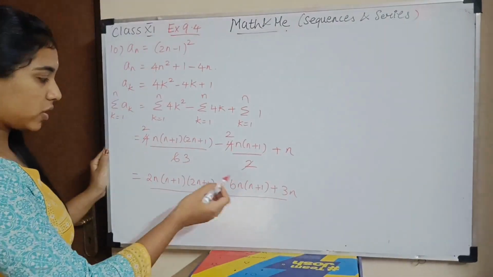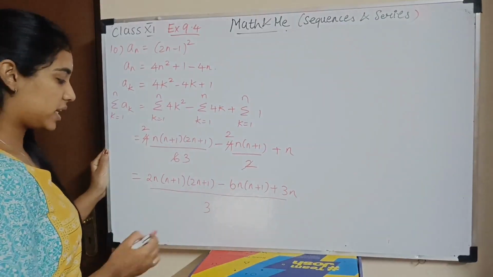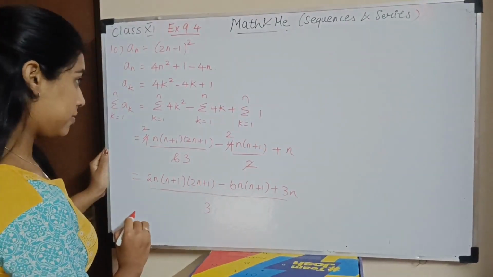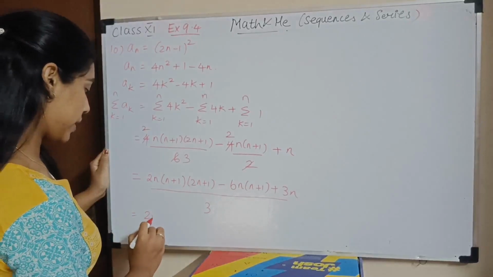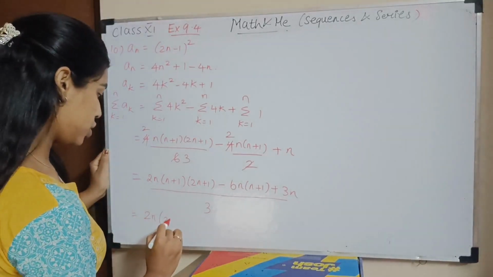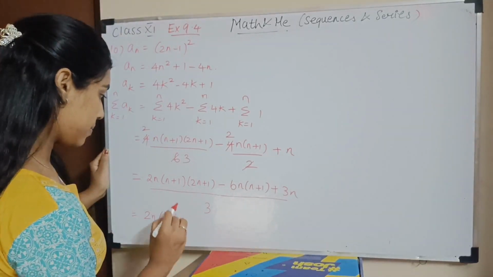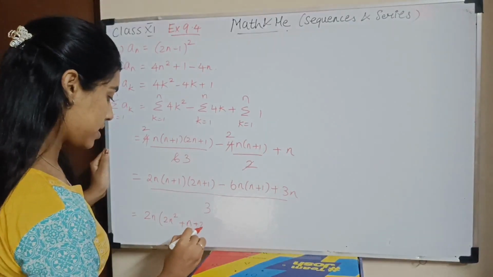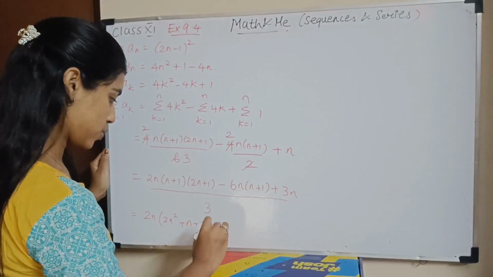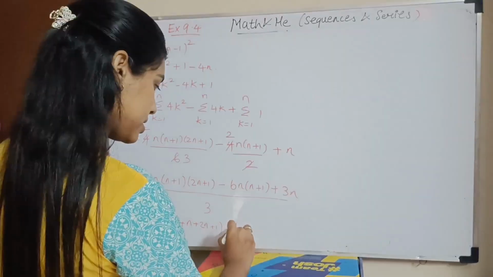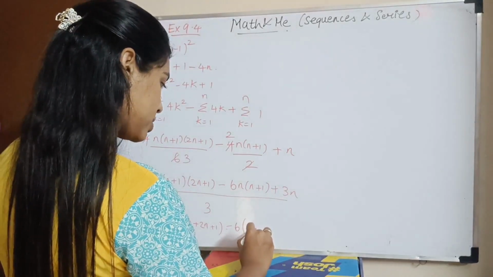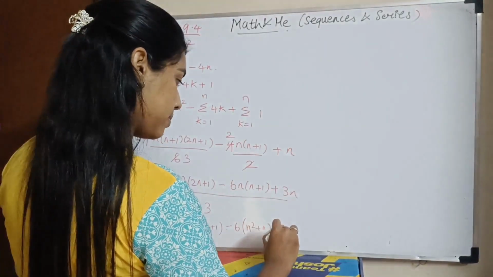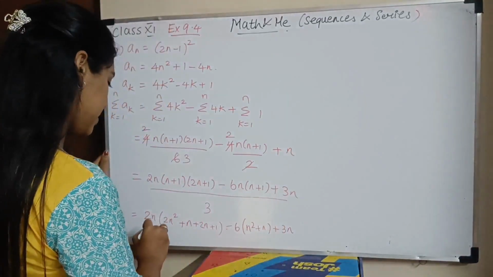Okay. Now I cannot take anything outside, so I have to multiply everything. So here I have 2n times 2n square plus n plus 2n plus 1 minus 6 into n square plus n plus 3n divided by 3.